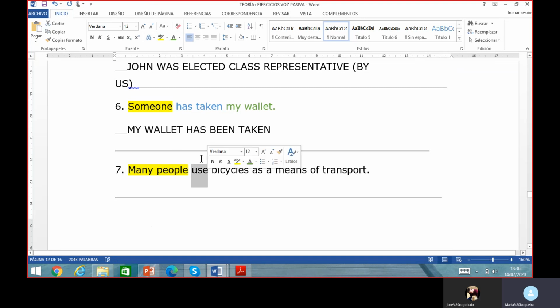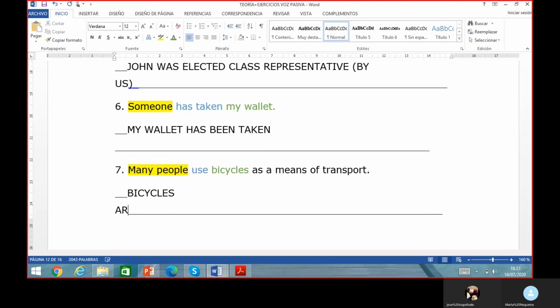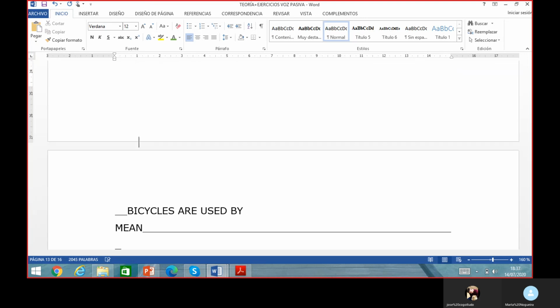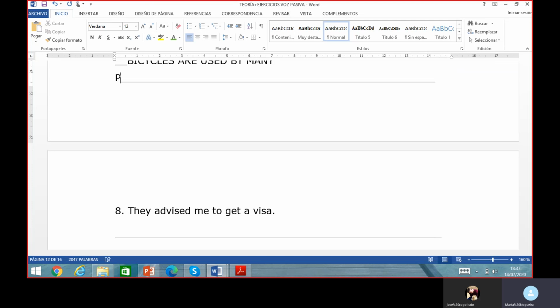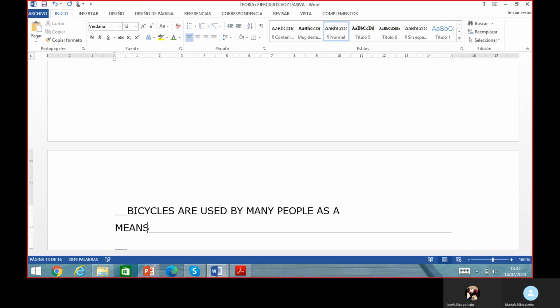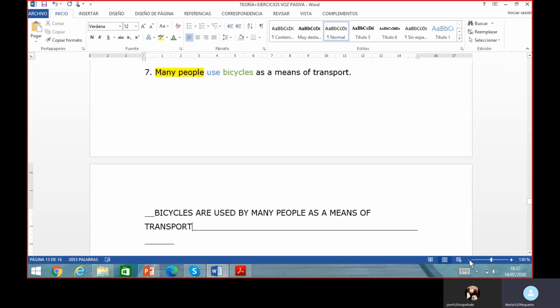Many people use bicycles, and this is my object, as a means of transport. This is another complement. So in this case, well, you could put it.